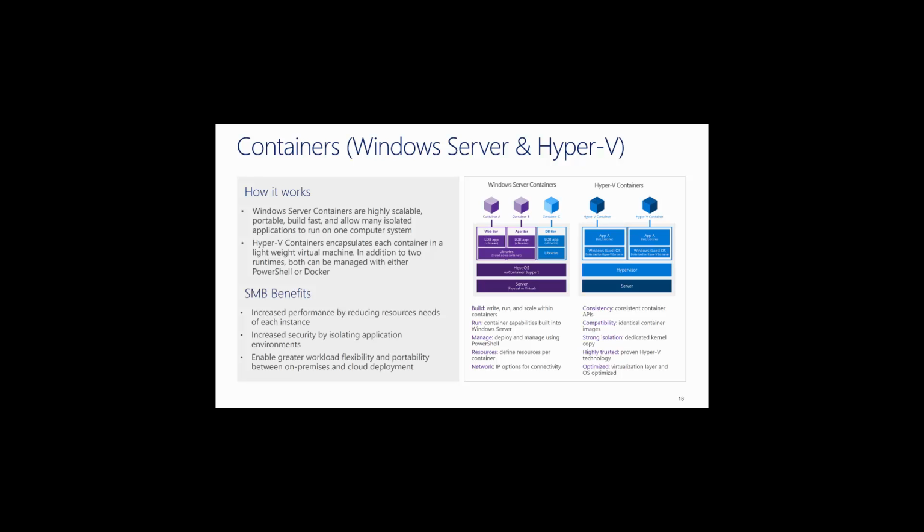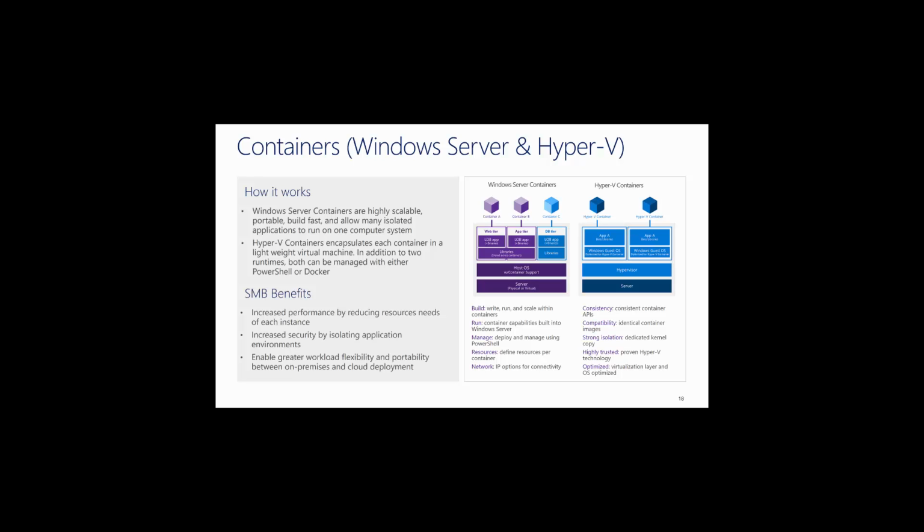So if we think about the way we normally work with a traditional Hyper-V virtual machine, normally we've got a full OS running inside that virtual machine before we even have to take the application into consideration. When we start talking about containers, we start stripping away some of those requirements, and we end up with shared components that can be used across multiple VMs.